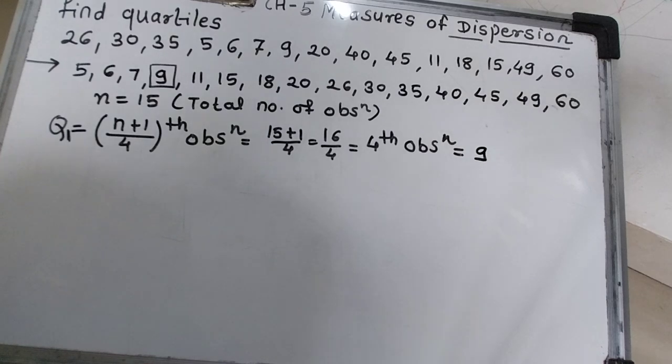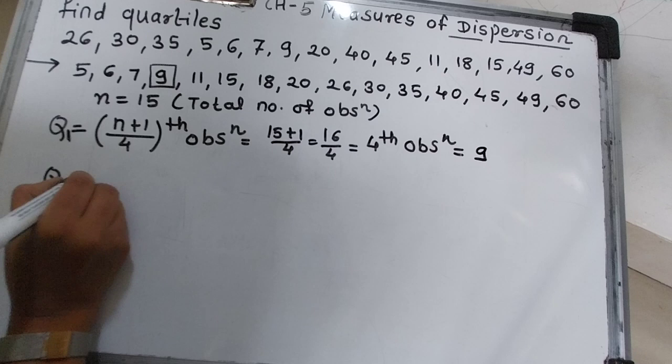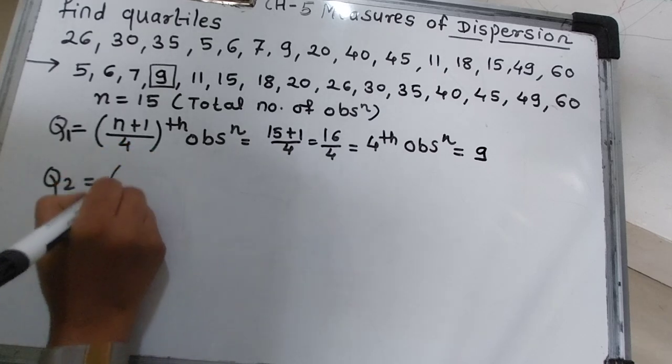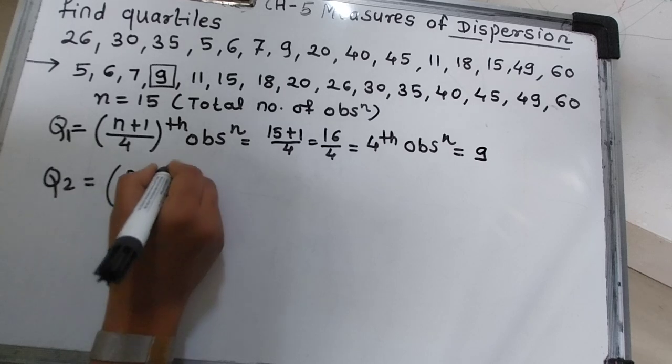Fourth observation: 1, 2, 3, 4, means 9. So 9 is the Q1. Now the second quartile, Q2. What is the formula? It is the same as median: (n plus 1) upon 2th observation.